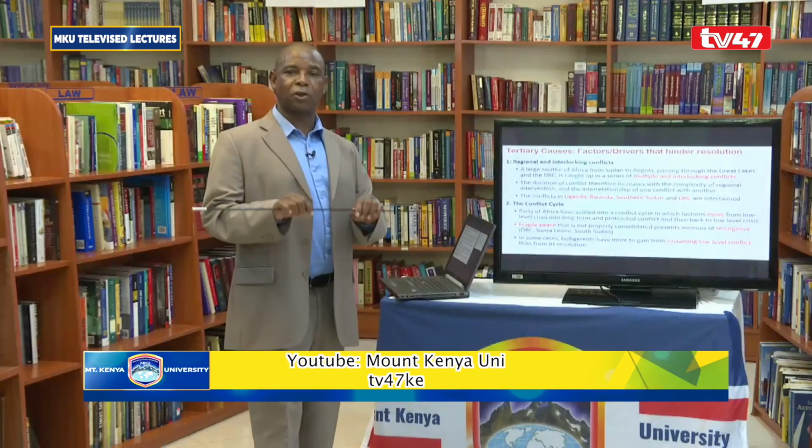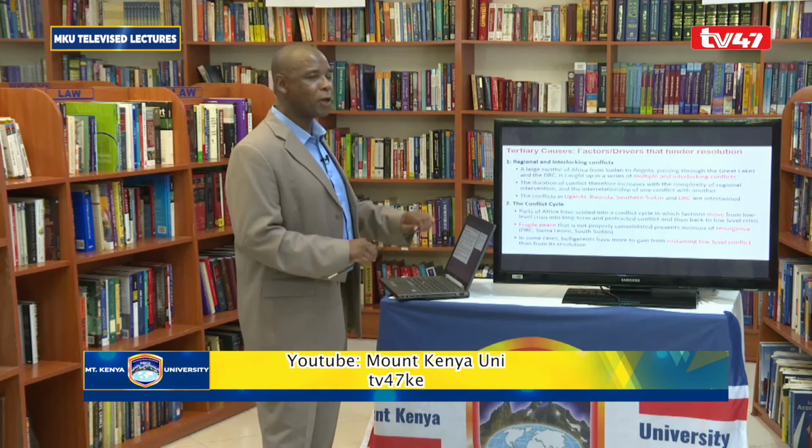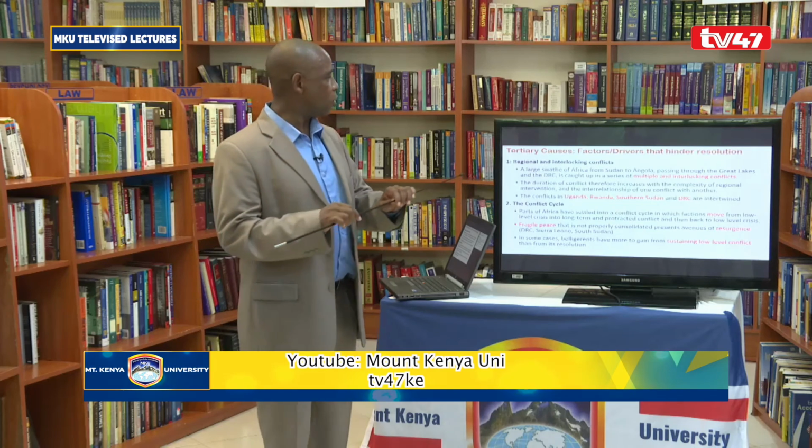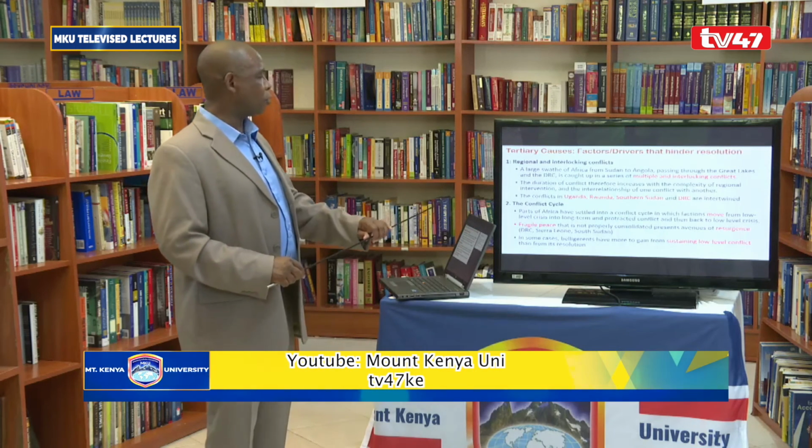The conflict in Southern Sudan spills over to the Democratic Republic of Congo. So even when we want to resolve some conflicts in some parts of Africa, it will not be possible because that conflict is also perpetuated in other parts of Africa. And then we have the conflict circle.